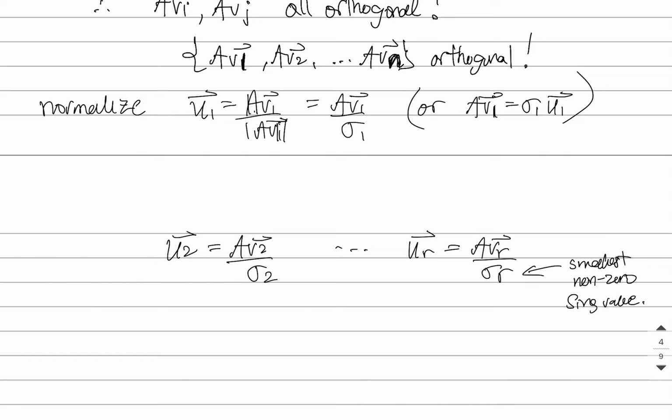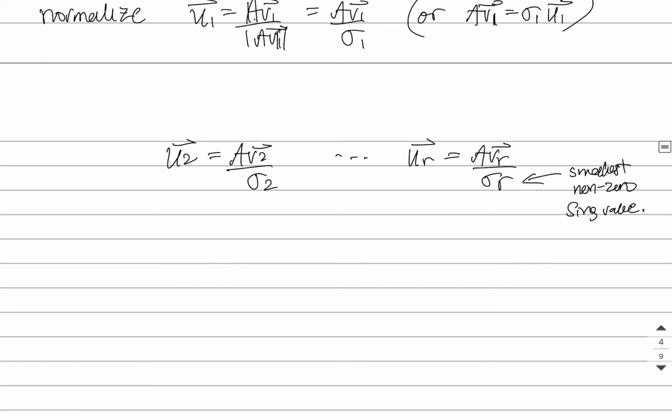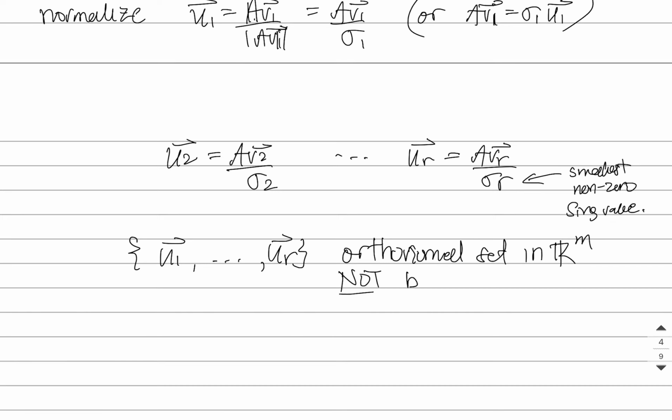And once we get to there, then that's all we can do in terms of normalizing. But what we've got is the following. U1 all the way down to Ur is an orthonormal set in the output space Rm, but it is not a basis for Rm. We have too few vectors.